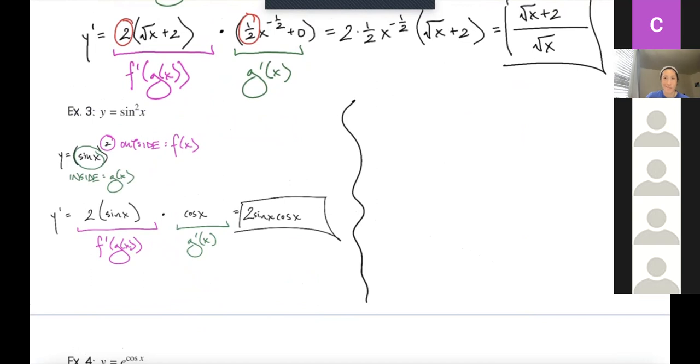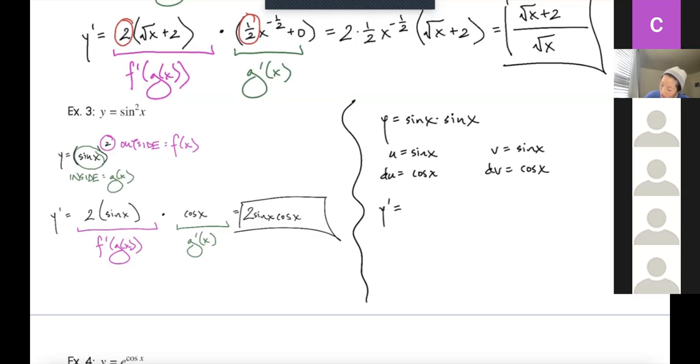Moon asked a great question before we go on break. Let me just show you real quick how you could do this using product rule. So sine x times sine x would mean we're using product rule. Your u would be sine x. Your v would be sine x. du is cosine x. dv is also cosine x.